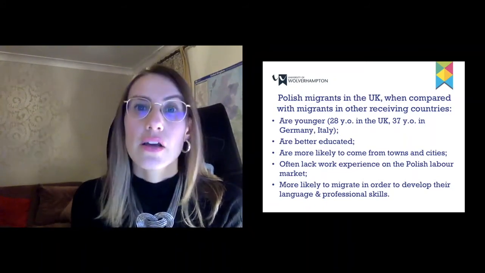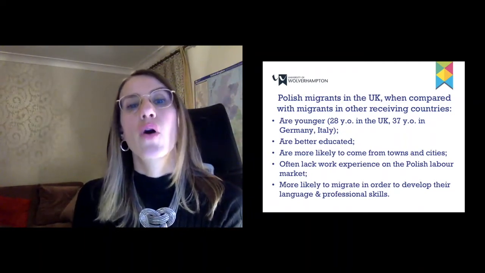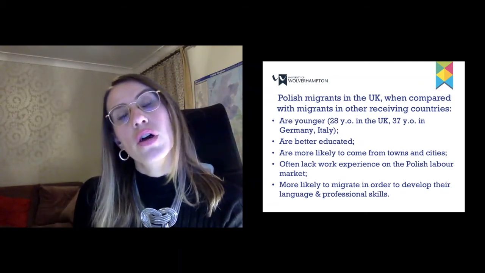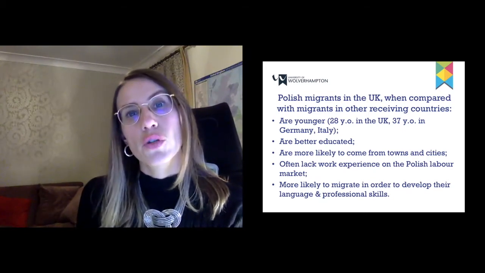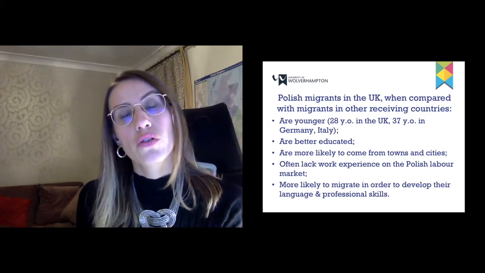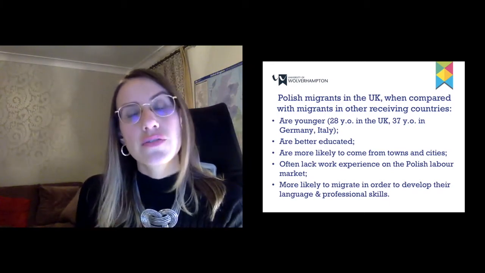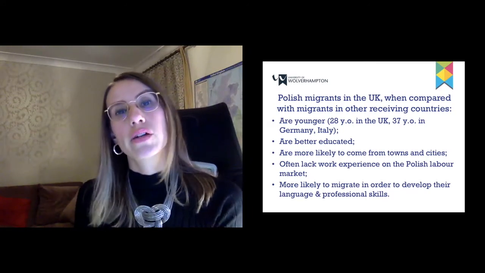Because they are younger, they lack work experience on the Polish labor market. It is very common, and especially it was very common following the EU accession, for people to graduate from Polish colleges and universities and, without even entering the Polish labor market, migrate to Britain.